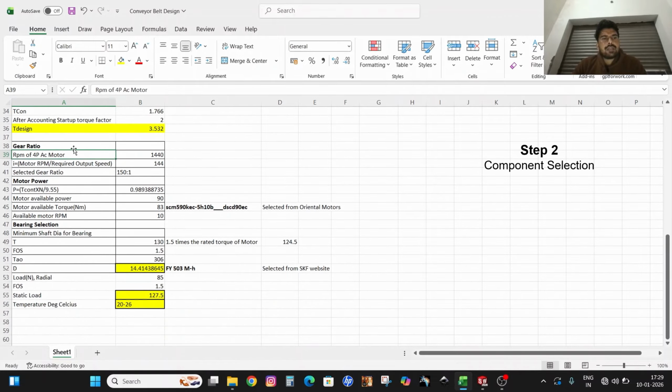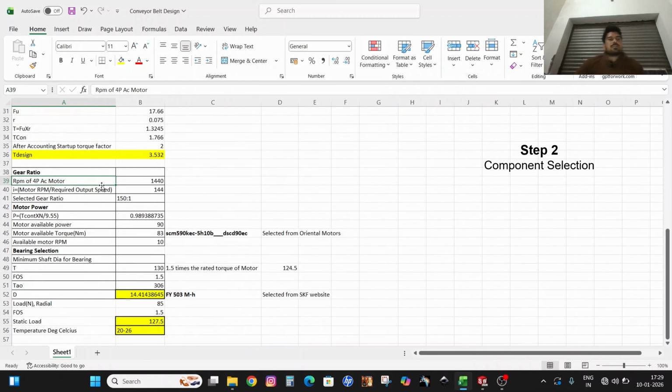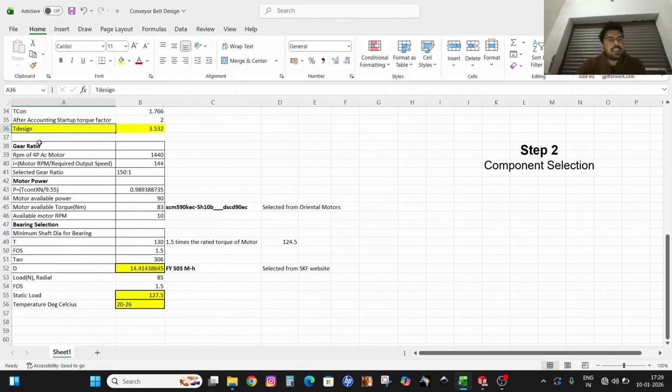Okay, the next parameter is the gear ratio. This is the process of motor selection. First I calculated the design torque, and now I am calculating the gear ratio. The gear ratio is calculated from the RPM of a 4-pole AC motor.